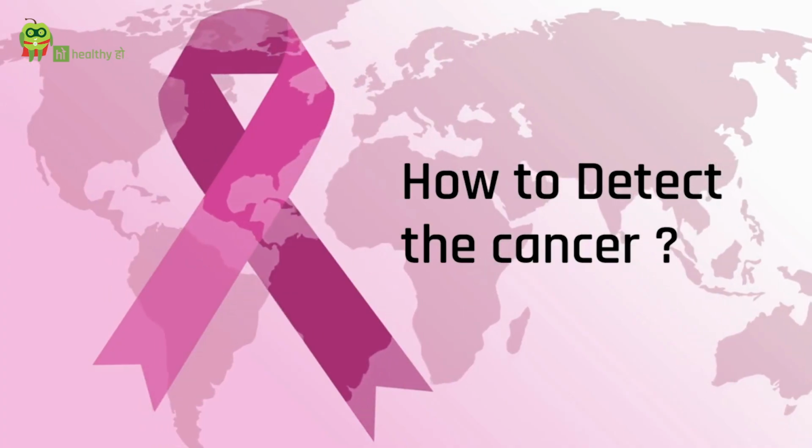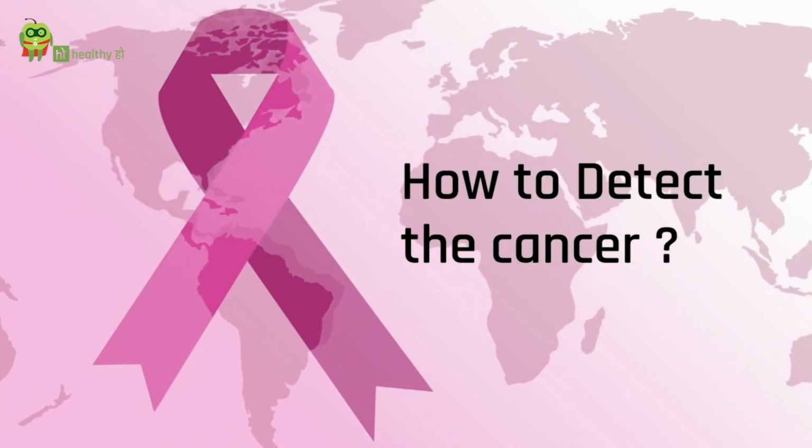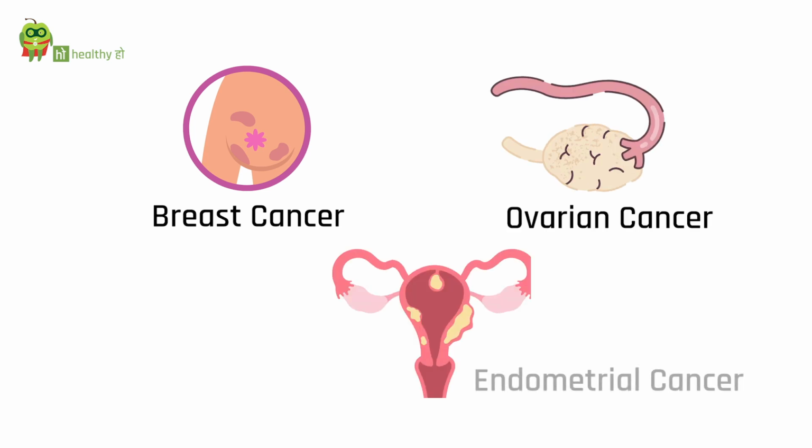How do we detect these cancers? So overall, there is no sign which detects cancer. So when we talk about all these cancers as a whole, for breast cancer, ovarian cancer, endometrial cancer, they are mostly a lifestyle cancer. Of course, there is a link with some genes that is being hereditary.